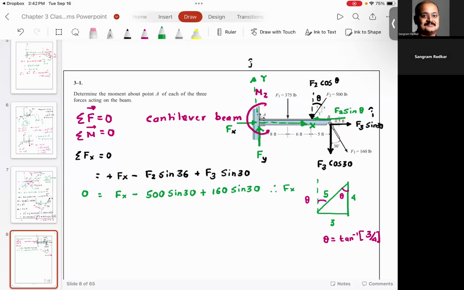Now let's do summation of fy is equal to 0. And why is summation of fy equal to 0? Because these are the God equations. Summation of fy is equal to 0. You have plus fy. Can you see F1, which is going down? So which will be minus 375.